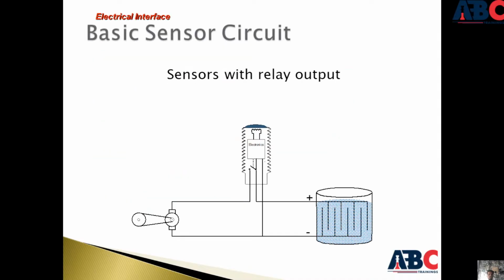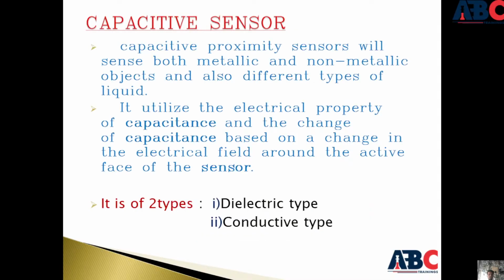Basic sensor circuit: sensors with relay output. Unlike a switch, sensors require power to operate. Capacitive sensor. Capacitive proximity sensors will sense both metallic and non-metallic objects and also different types of liquid.